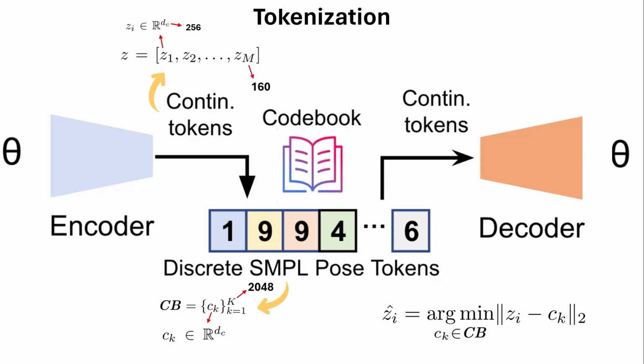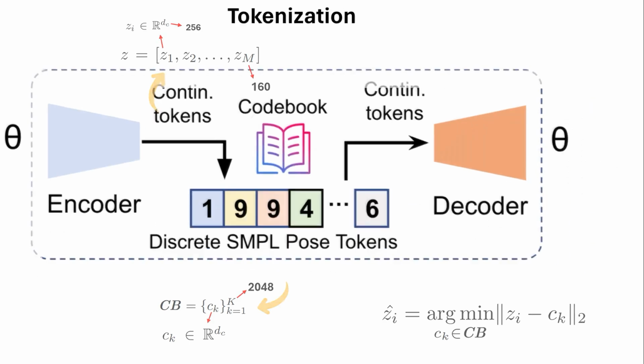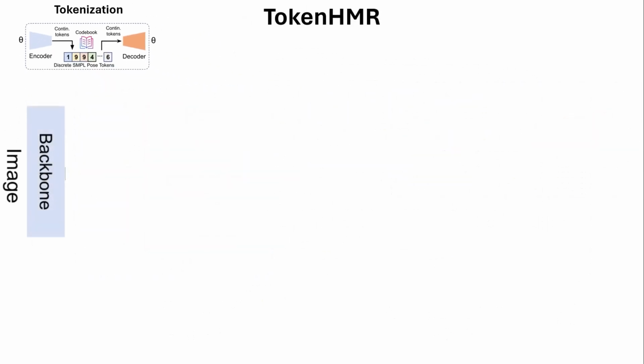We define some discrete, simple pose tokens as a prior and map everything we see in the training data to these discrete simple pose tokens. Using this autoencoder structure, we want to limit the flexibility of outputting any sort of pose tokens. Once this tokenization is done, they go to the second stage, which is TokenHMR.